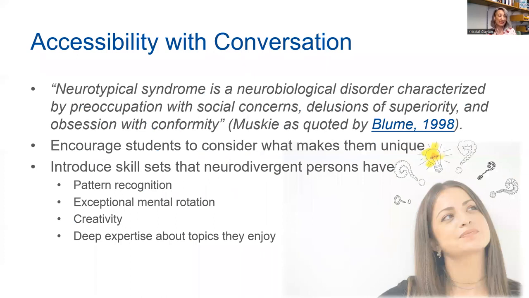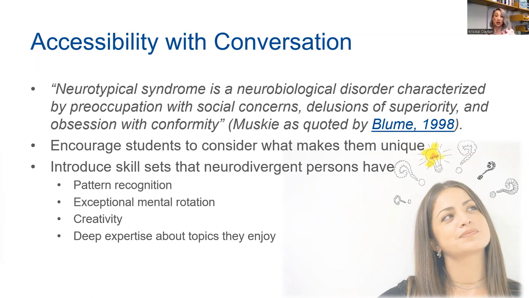Now, I actually present this question to my students because I really want them to take a step back and think about what are some of the stereotypes that we associate with persons who are neurodivergent? And are there any stereotypes associated with persons who are neurotypical? And I didn't just make this question up off of the top of my head.